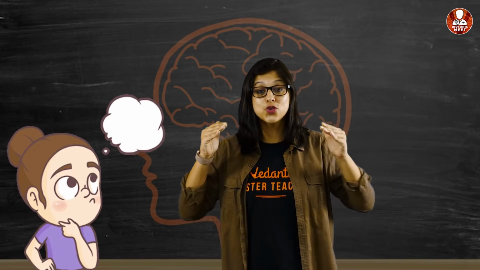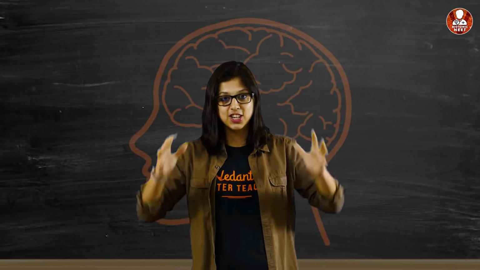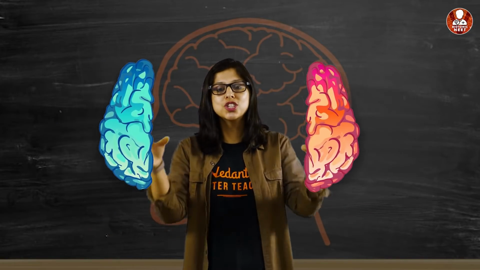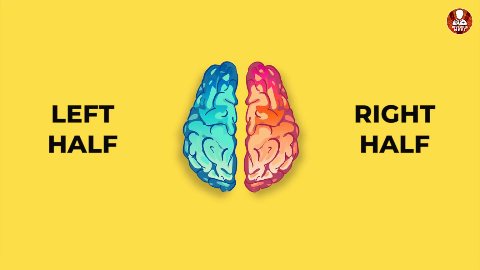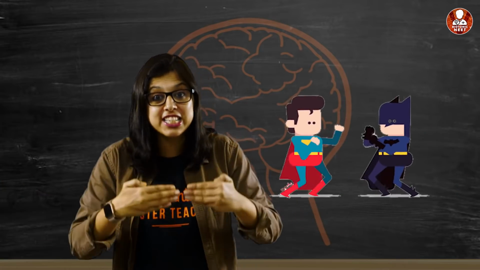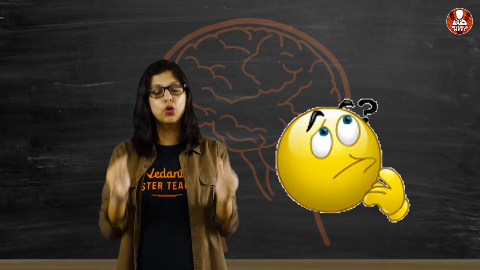So was this confusing? Yes, because your brain was put into a test, my dear kids, and it's not an easy test. The human brain consists of two beautiful halves, the right and the left half. And in this particular game, both these halves were fighting with each other, and that is the reason you were absolutely confused.